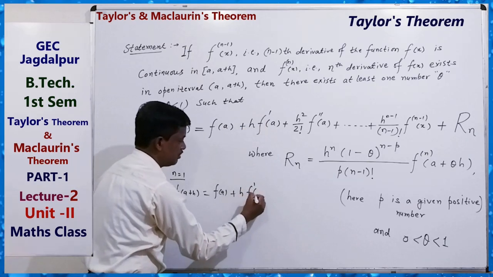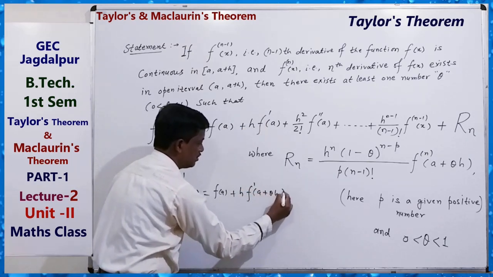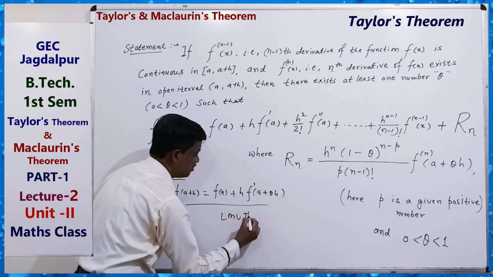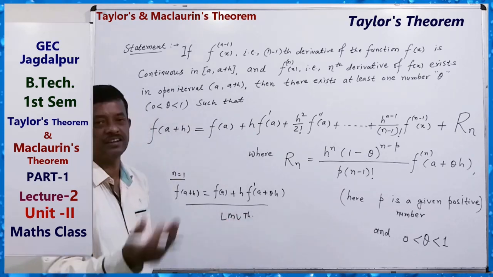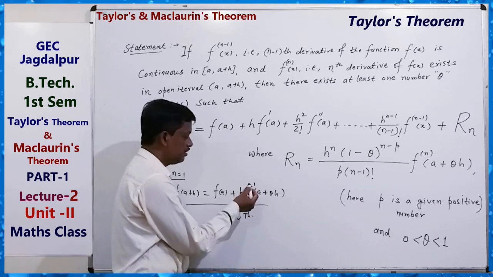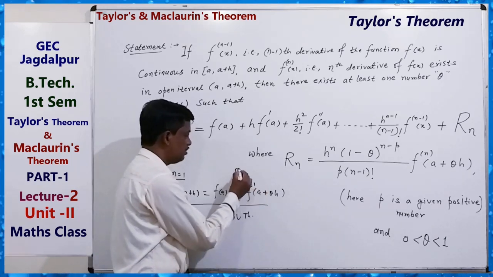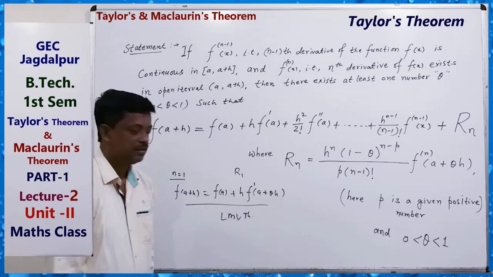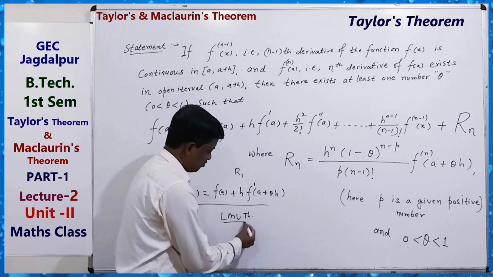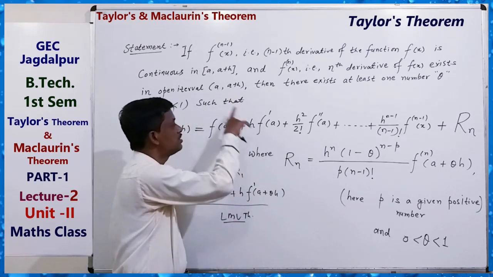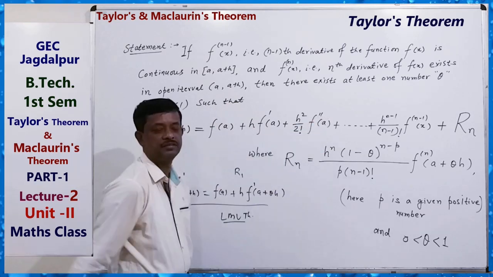Thus this is Lagrange's mean value theorem, and this is the remainder R1, in general the remainder due to Lagrange in Taylor's theorem.